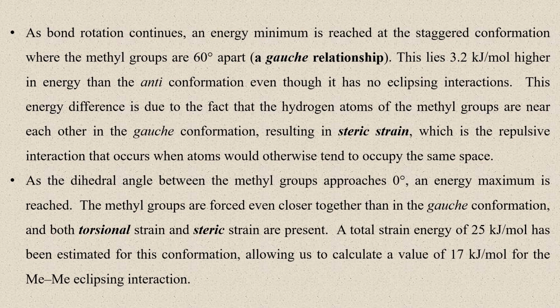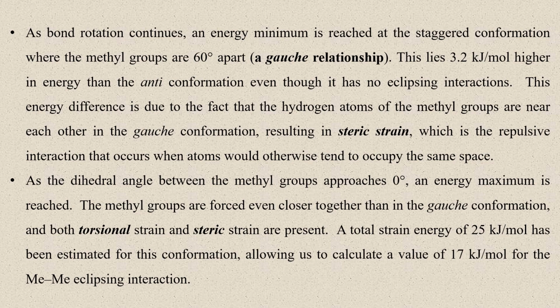As we have seen in the diagram, when we do a 60 degree rotation in a syn periplanar conformation, we end with a gauche staggered conformer, and that is not the most stable. It is having 3.2 kilojoules per mole higher energy than the anti-periplanar conformation. It is because of the steric repulsion between the two methyl groups.